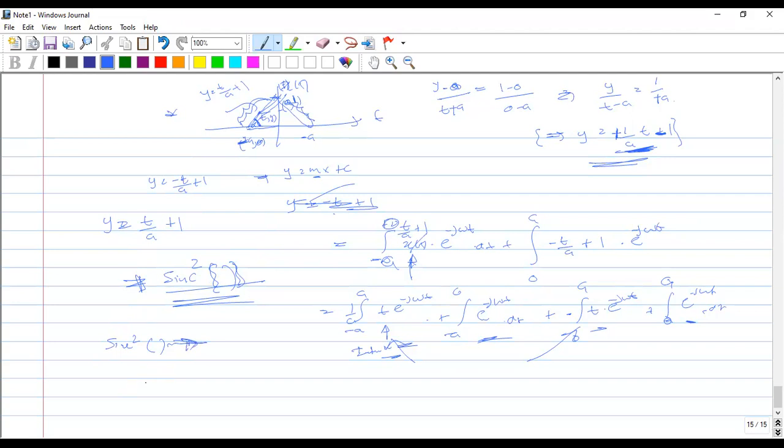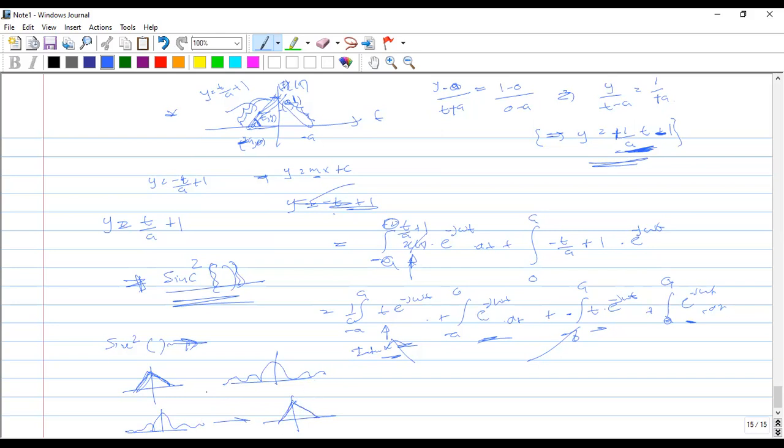So you have a triangle function, you will have this kind of Sinc square function. And if you have a Sinc square function like this, you will have a kind of triangular function.